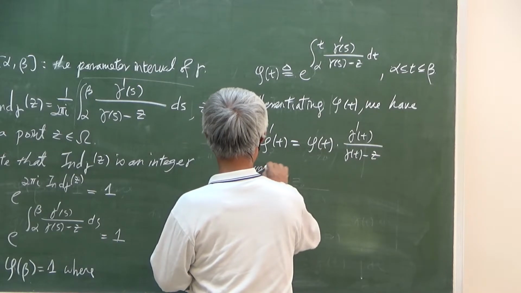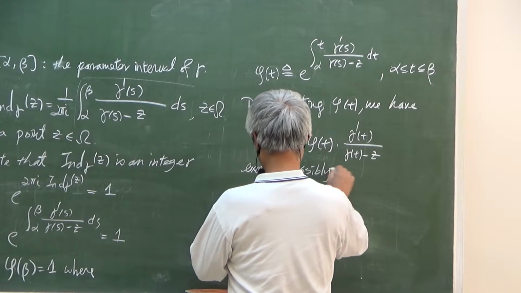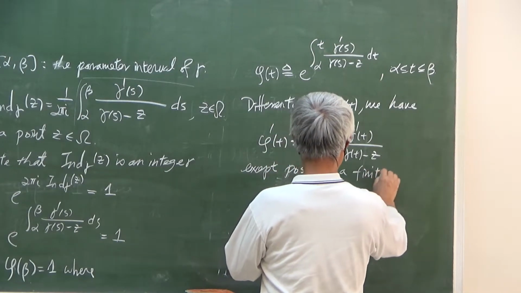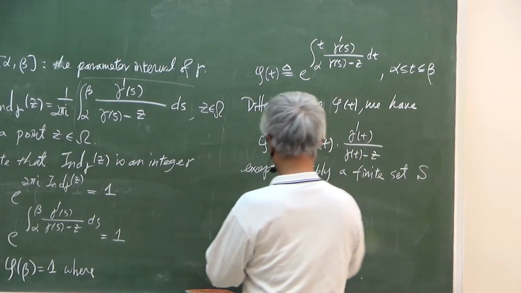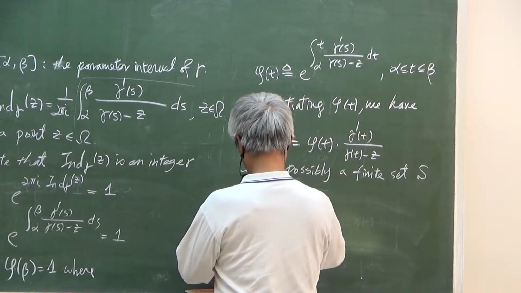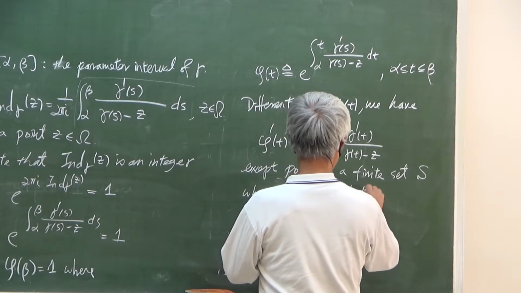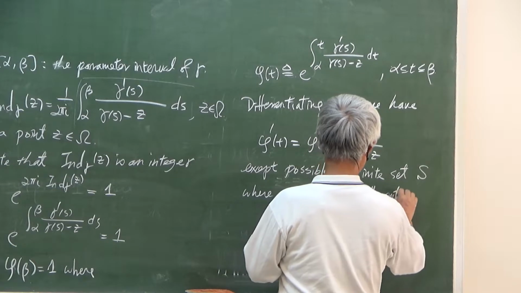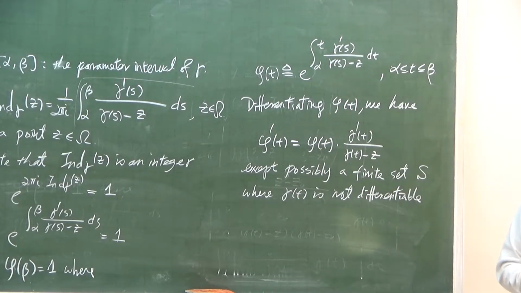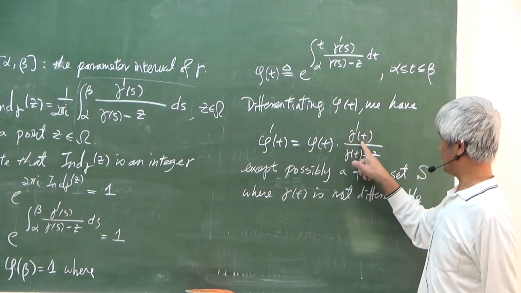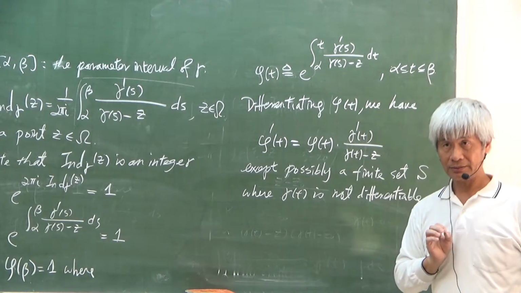Except possibly a finite set, because gamma prime t is not differentiable there. We know gamma is piecewise differentiable, so maybe at a certain point in this interval the derivative does not exist.